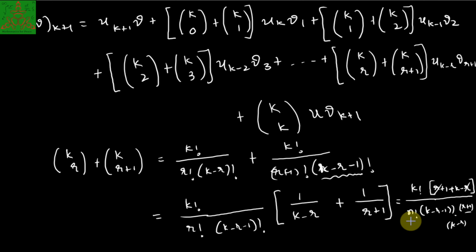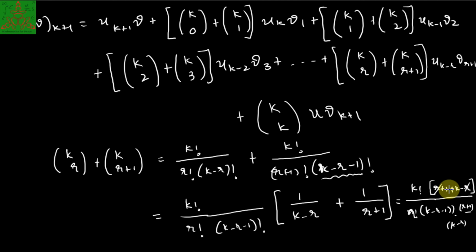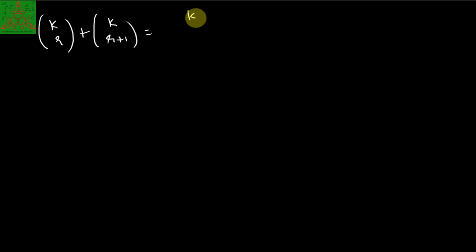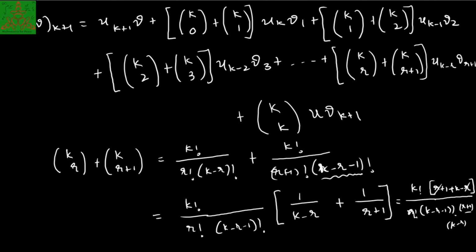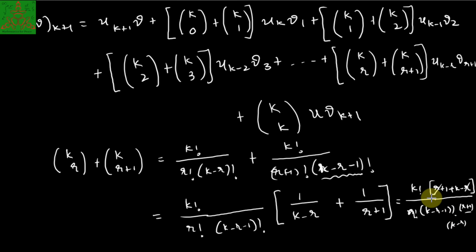If you combine the r plus 1 with this r factorial, that is r plus 1 factorial, and k minus r into k minus r minus 1 factorial is k minus r factorial, and in the numerator it is k plus 1 factorial. So finally what we got, kcr plus kcr plus 1 will be k plus 1 factorial upon r factorial, r plus 1 factorial into k minus r factorial.